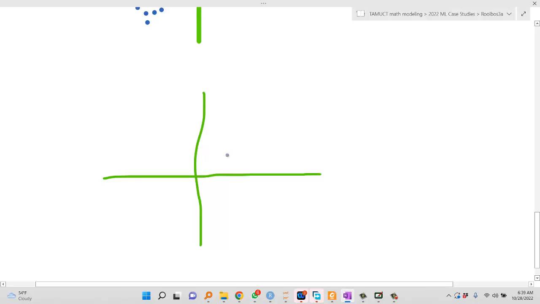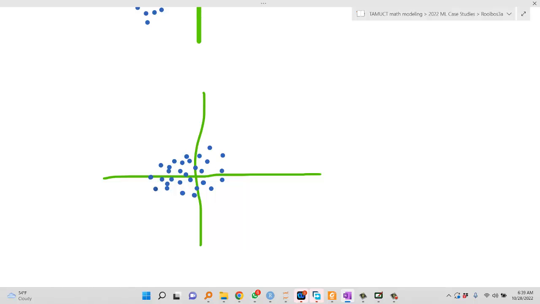All right, so here, let me make another cloud of points here. Now here you see that the data is fairly elongated.